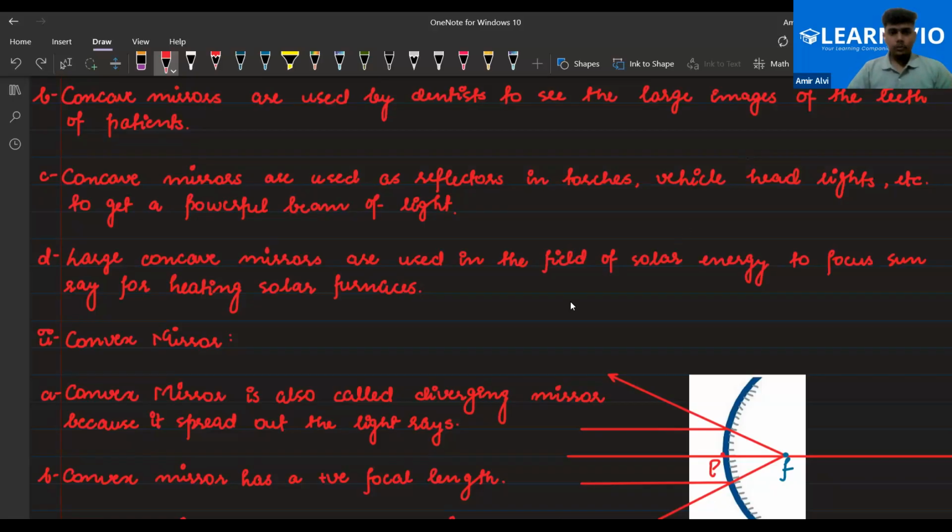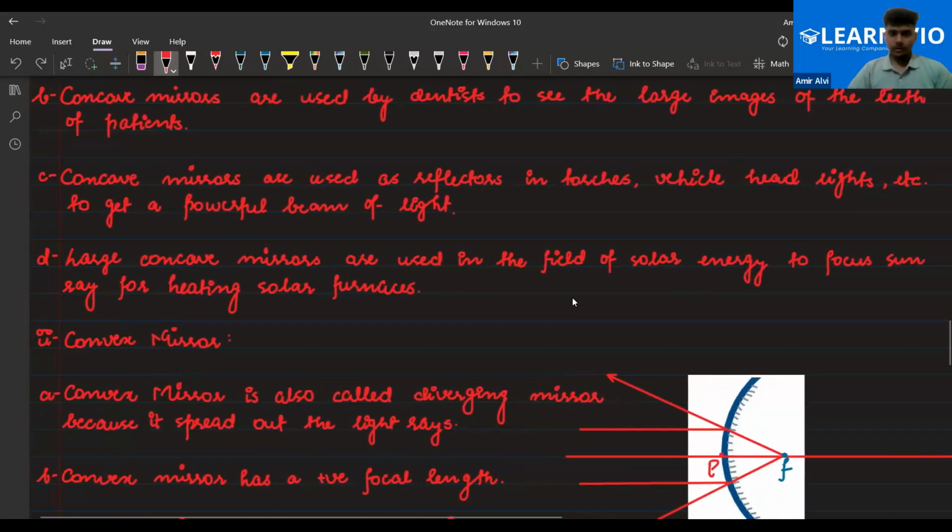Completed, Naveed, so that we can discuss the convex mirror. Check it. Let's go.